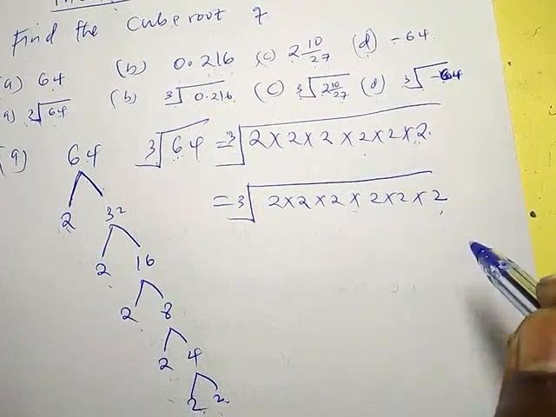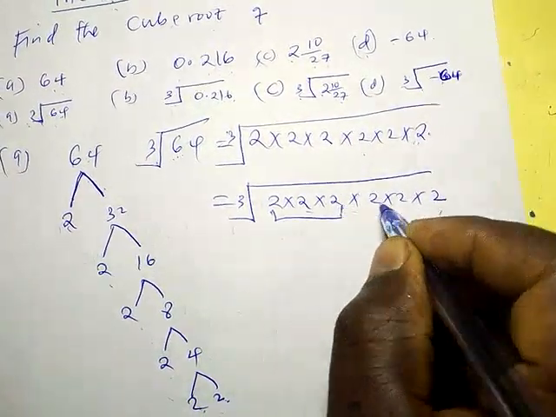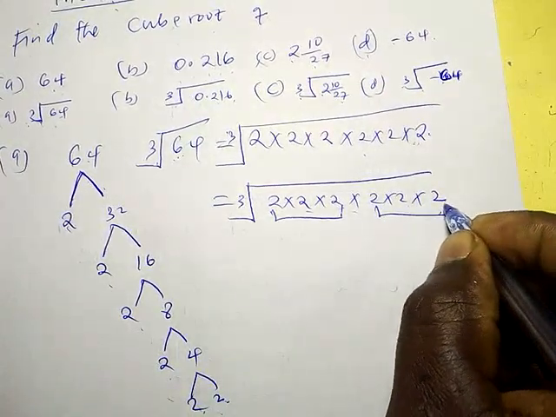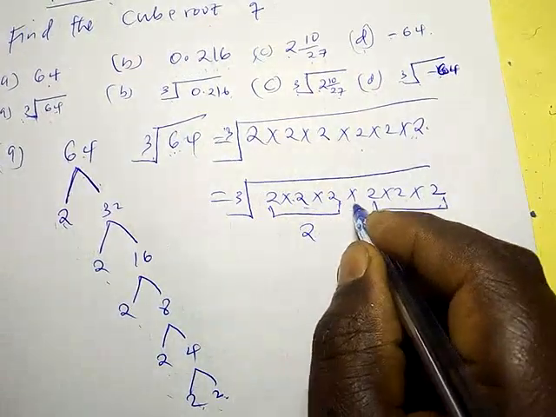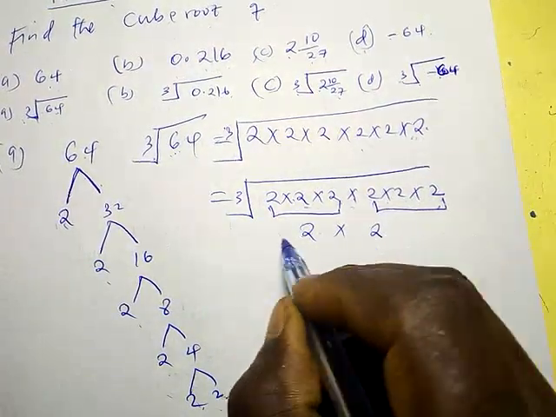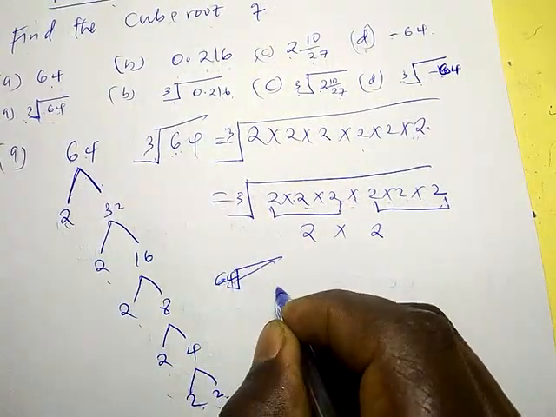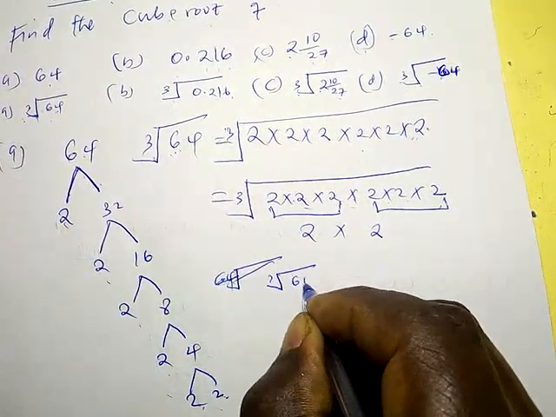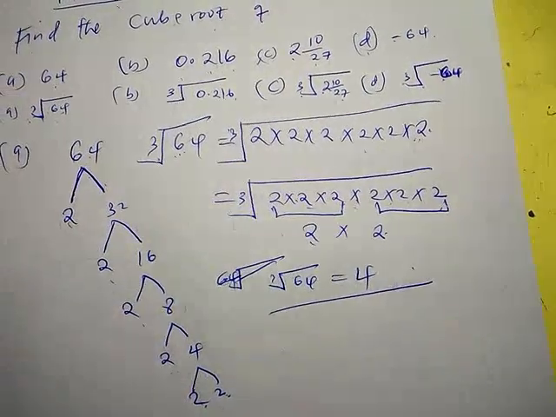Because you are looking for the cube root, group them into 3s. 1, 2, 3, you group them, and 1, 2, 3, you group them. To get the cube root, pick one from each group, which is 2 times 2. So the cube root of 64 is 2 times 2, which is 4. And that is the factor method.